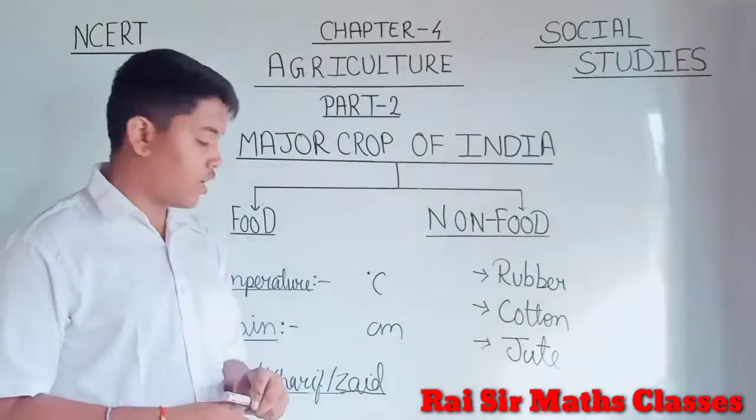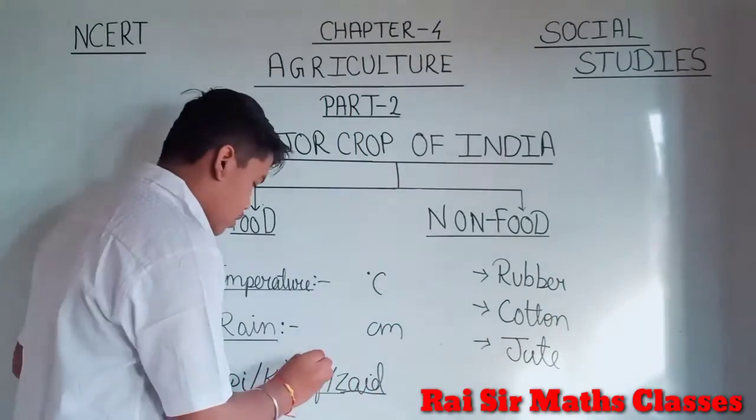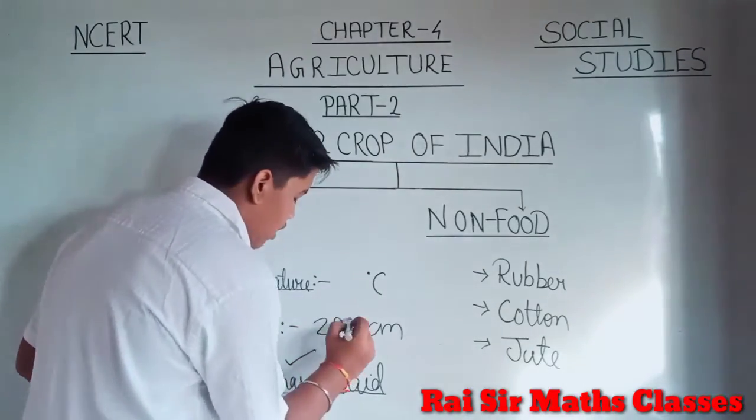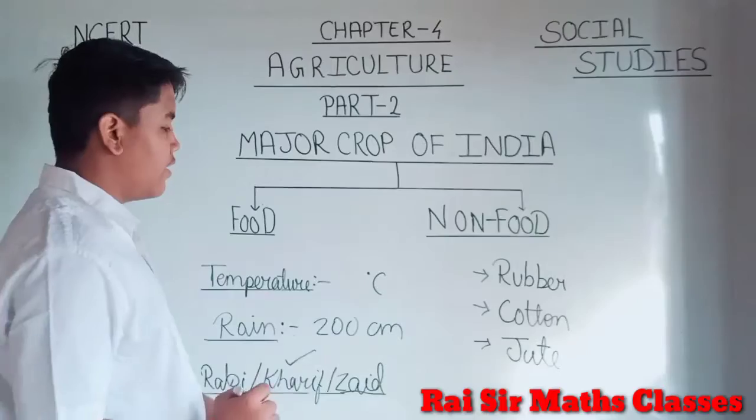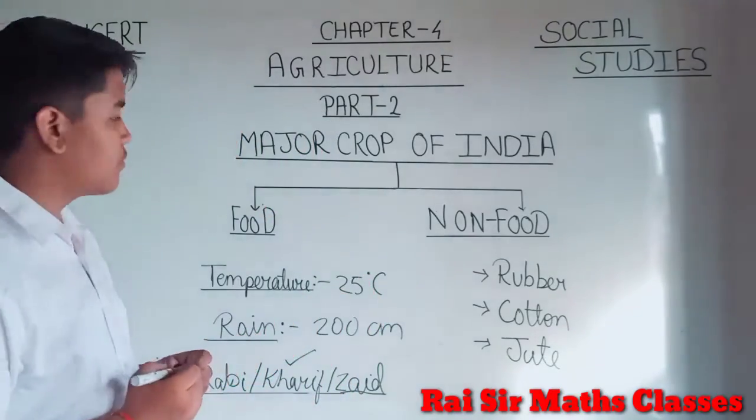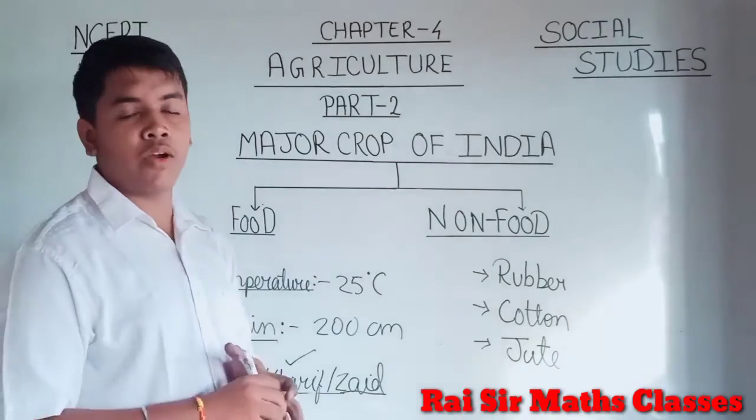Rubber is a Kharif crop. It requires 200 centimeter of rain and 25 degrees Celsius of temperature. So what does rubber do?